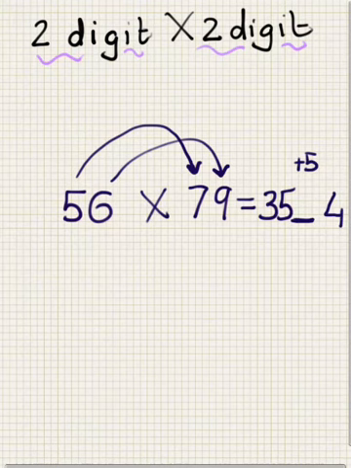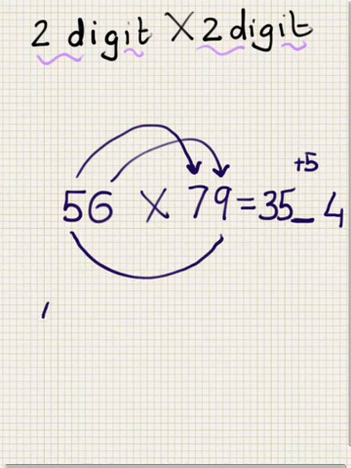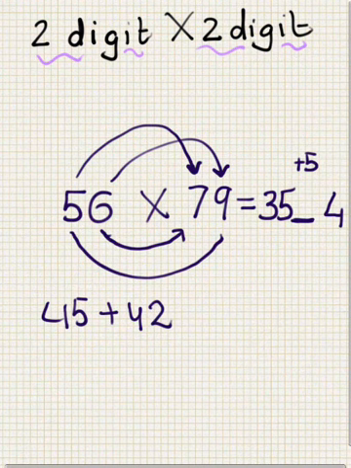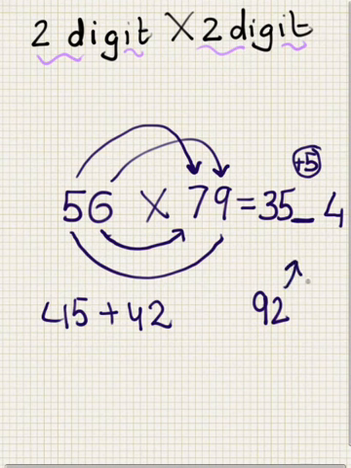And now for the middle term, we have 5 times 9, which is 45, plus 6 times 7, which is 42. 45 and 42 is 87, and we have our plus 5 here, so we have 92. So we have to put 92 in this blank.